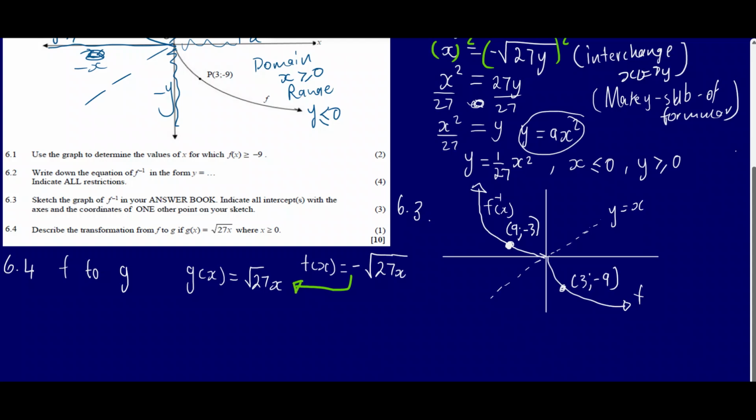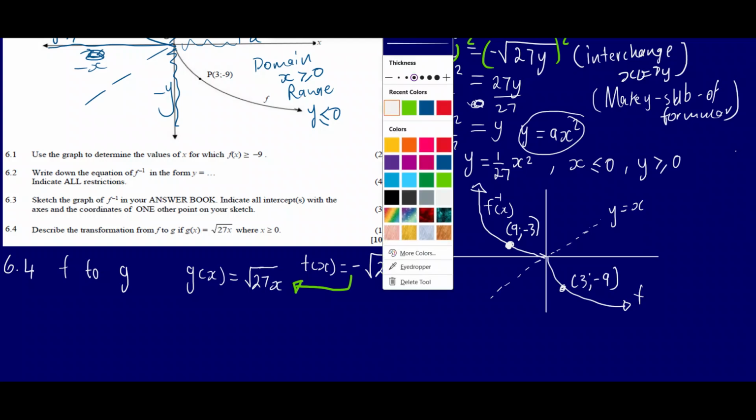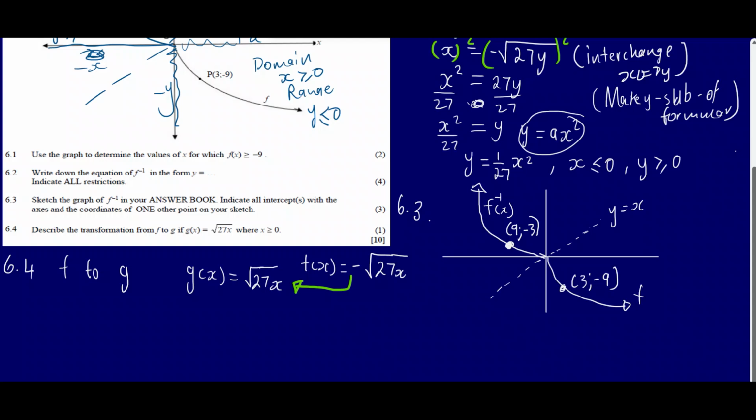So all of a sudden we have a graph g and it looks like that. So let's just check there. The type of transformation here is most likely a reflection, right? We don't know what type of reflection. So let's check if they substituted x with minus x. So f of x is minus root 27x.